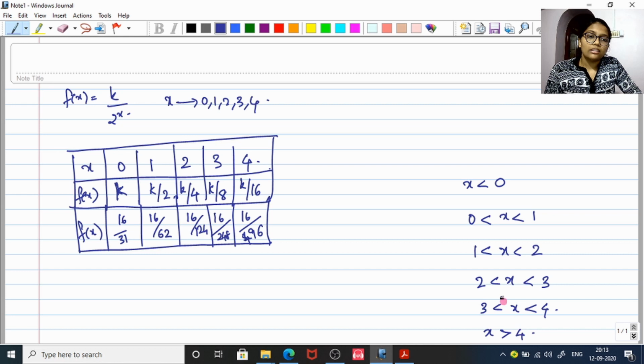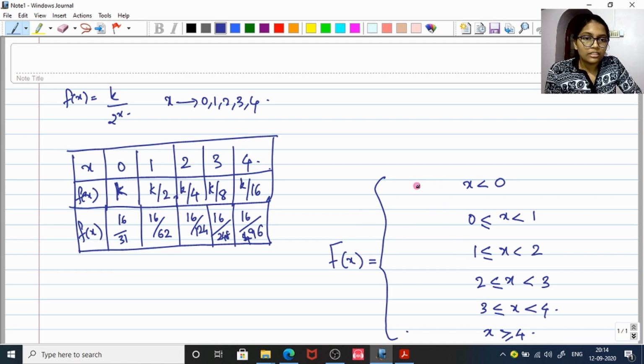So if you have 5 digits, then you will have 1, 2, 3, 4, 5, 6 ranges. Now you have to put the equal to sign over these areas, excluding the other points. And next only we are going to write the CDF or cumulative distribution function.